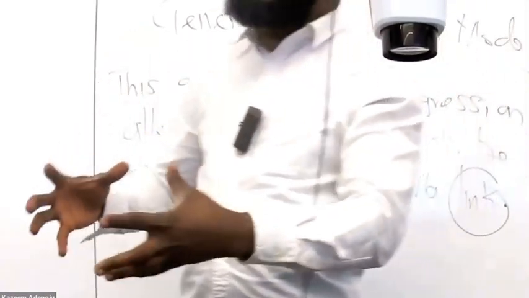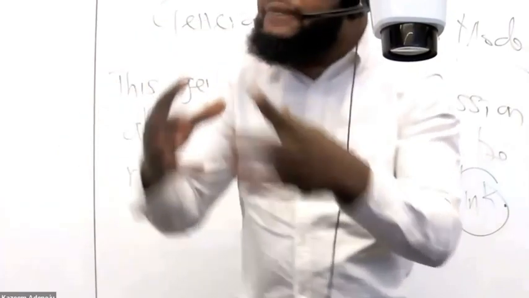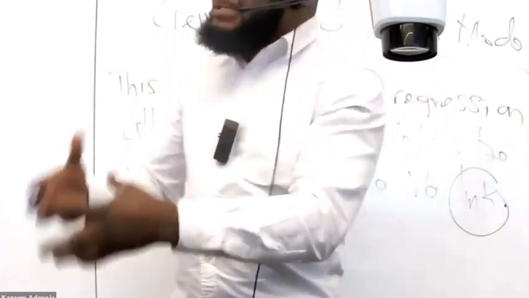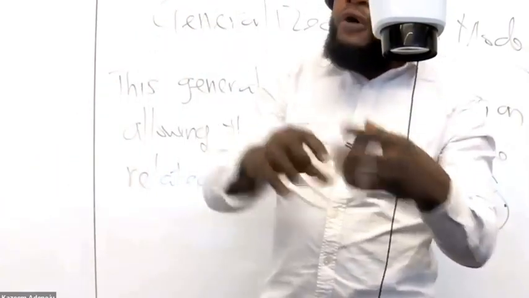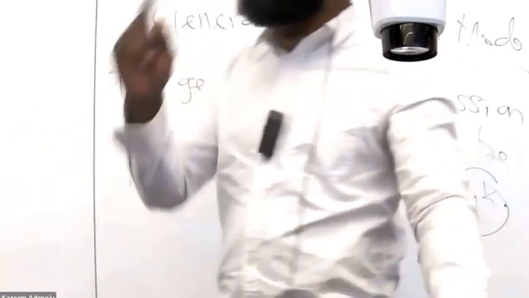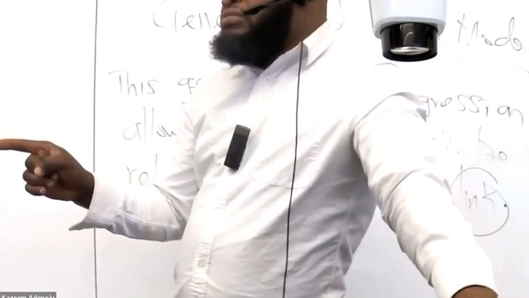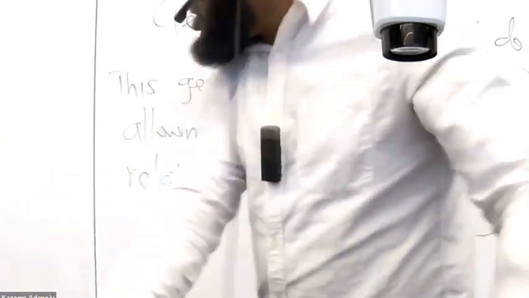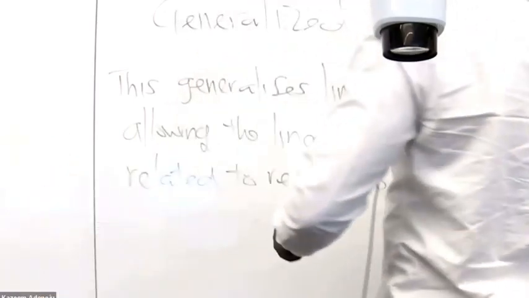What the generalized linear model is going to do is transform the probability of the levels of that categorical response into a continuous scale, and that very continuous scale will be unbounded. I'm going to write that now. It's going to be unbounded.